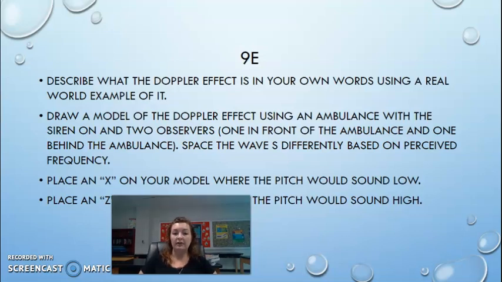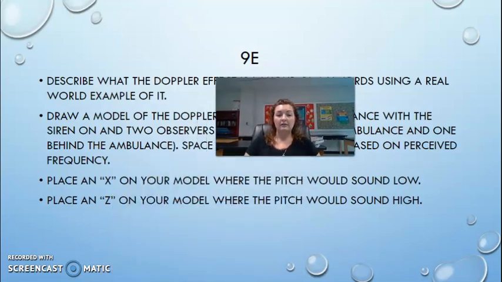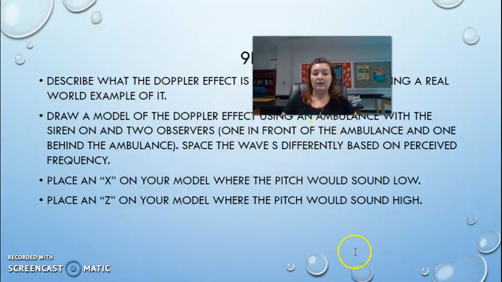Draw a model of the Doppler effect using an ambulance with a siren on and two observers, one in front of the ambulance and one behind the ambulance. Space the wavelengths differently based on the perceived frequencies. You also need to place an X where there is a low pitch and a Z where there is a high pitch.